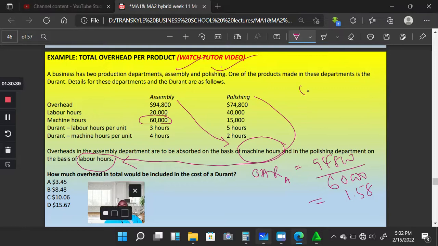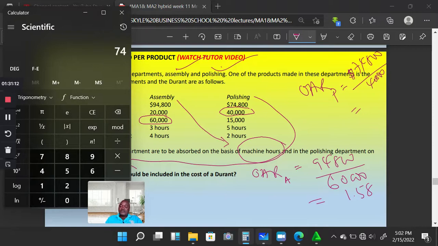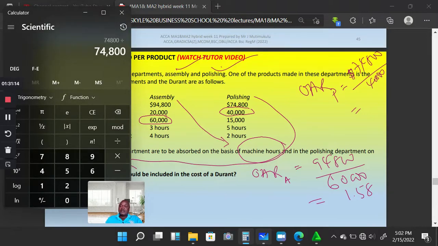Then, what about the OAR for the polishing department? The budgeted overhead in total was 74,800, divided by the basis, which was labor hours, 40,000.